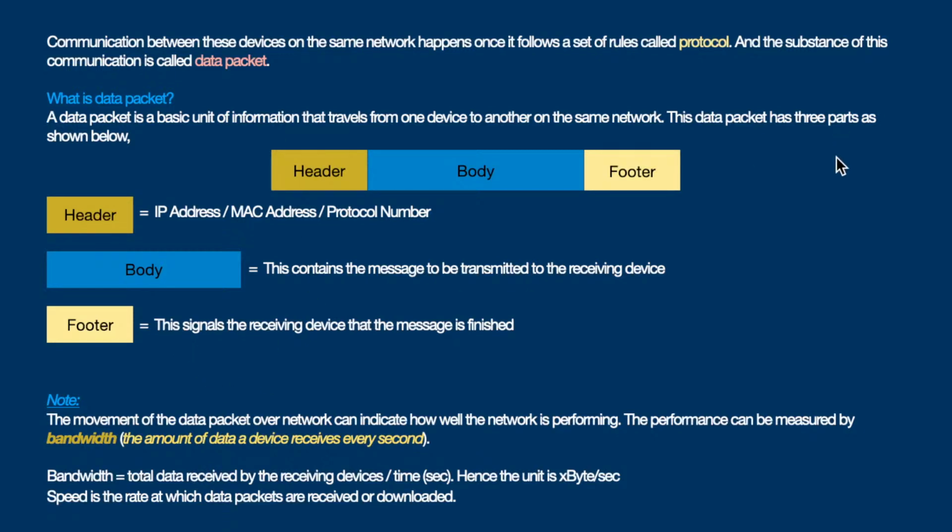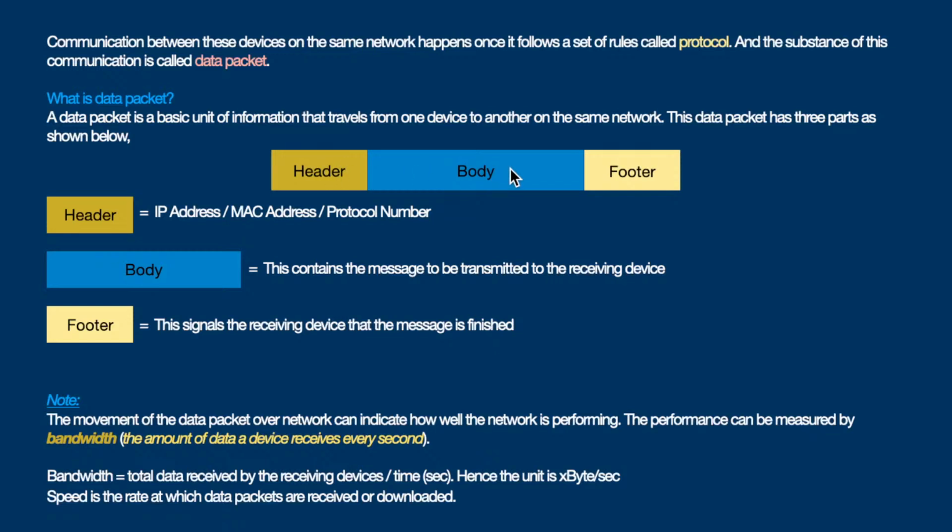So the header section has the address of the person you are sending to, and your own address. You have the MAC address, that's medium access control. We have the protocol number, also known as the port number. Now, from that, we have the body.